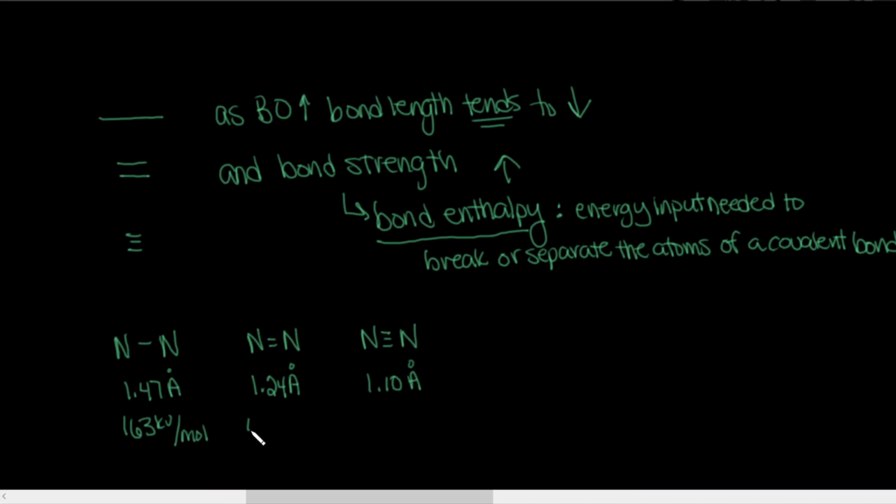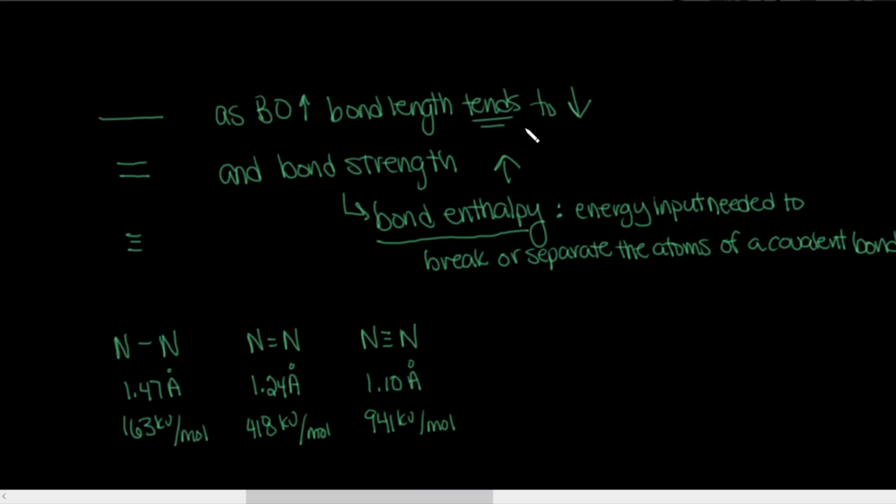The double bond, that number jumps up to 418 kilojoules per mole. And the triple bond is 941 kilojoules per mole. So here you can see this general trend.